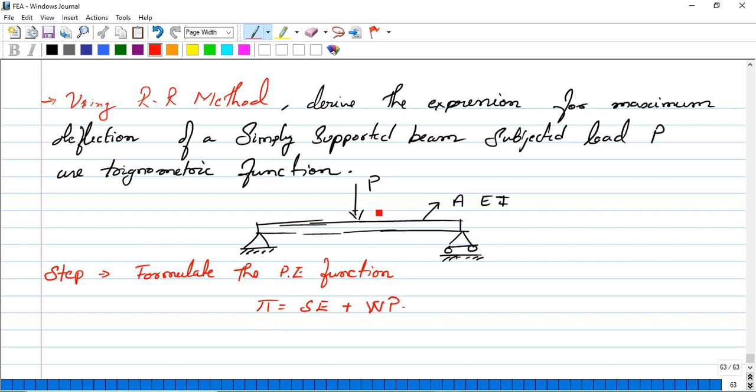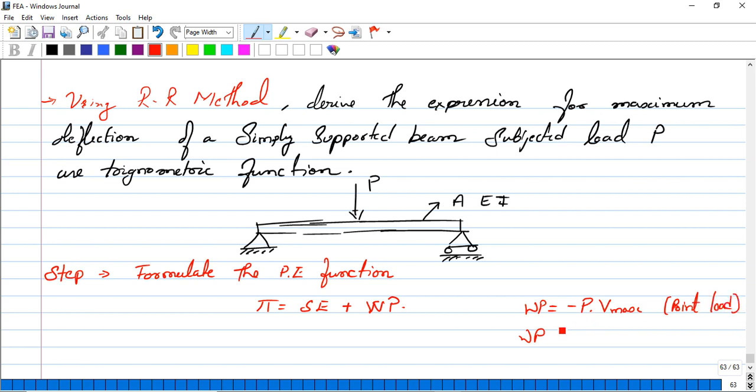Here the work potential, since it's just a point load, is minus P into V max. This is for a point load.